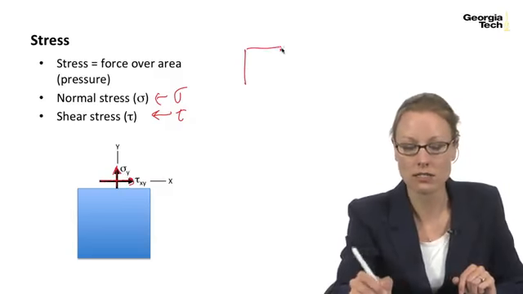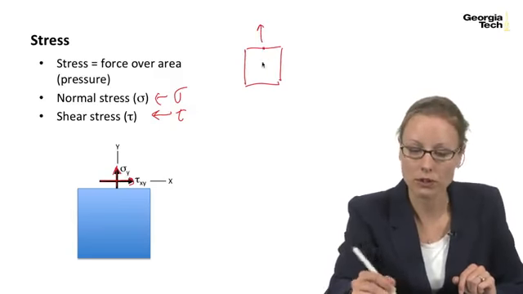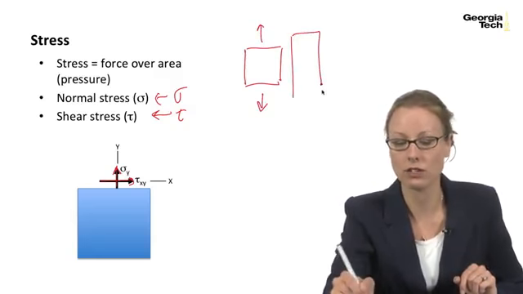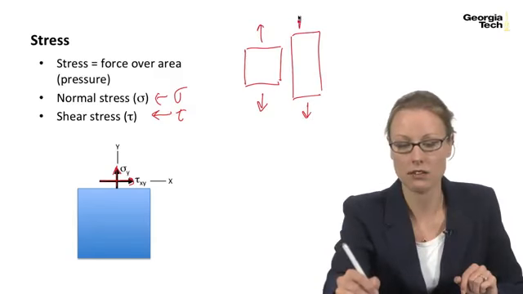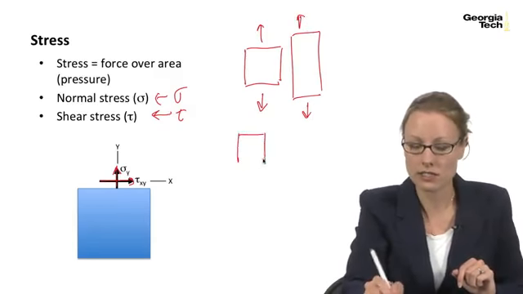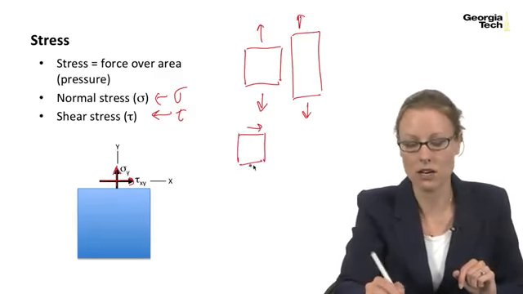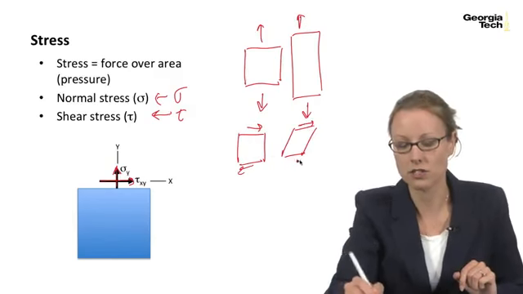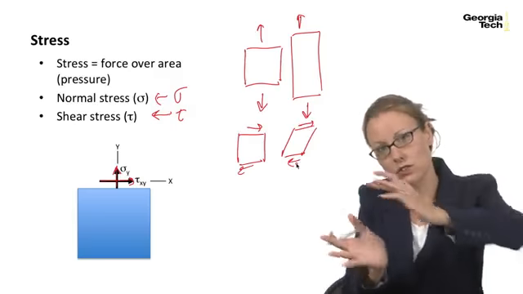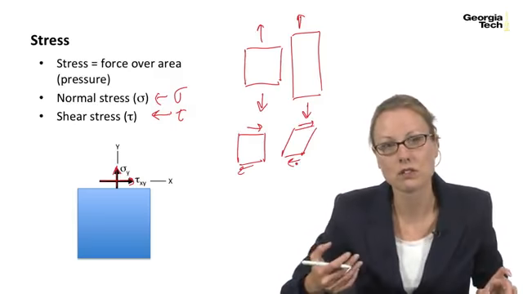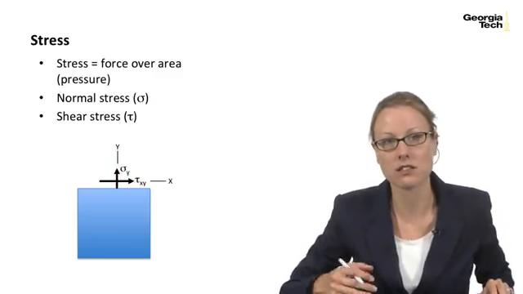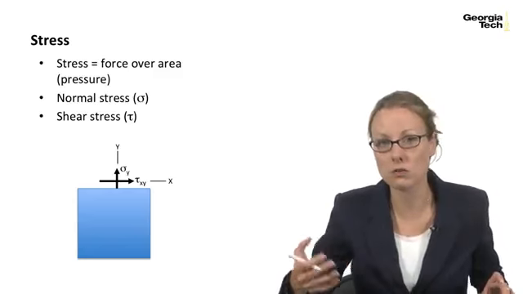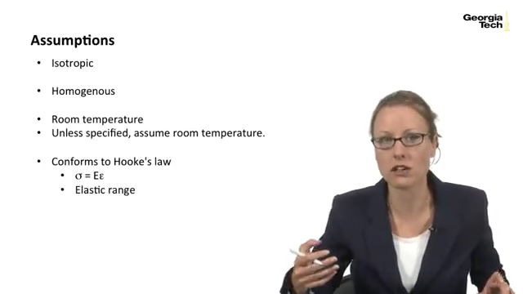Classically, normal stresses are found in an axial load, and you can think of them as stretching the object. Shear stresses distort the object, so you can see how they cause the object to shift. Today we're going to talk about axial stresses, which are normal stresses, and torsional stresses, which are shear stresses.